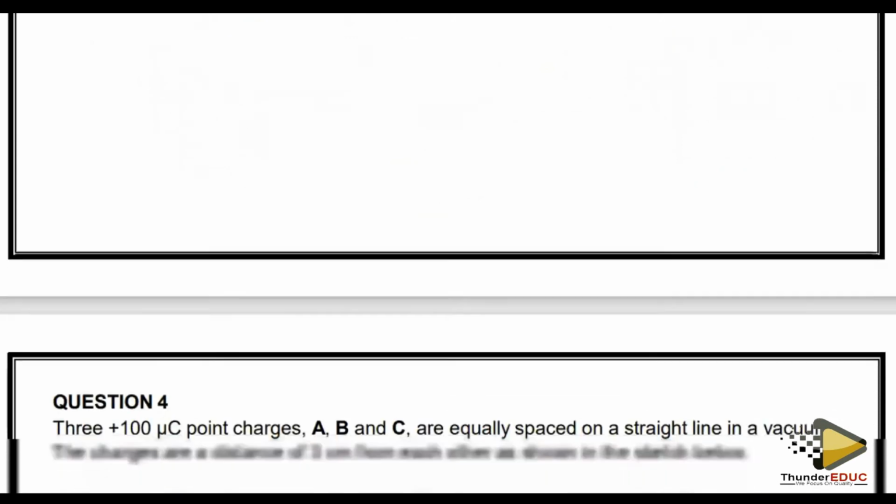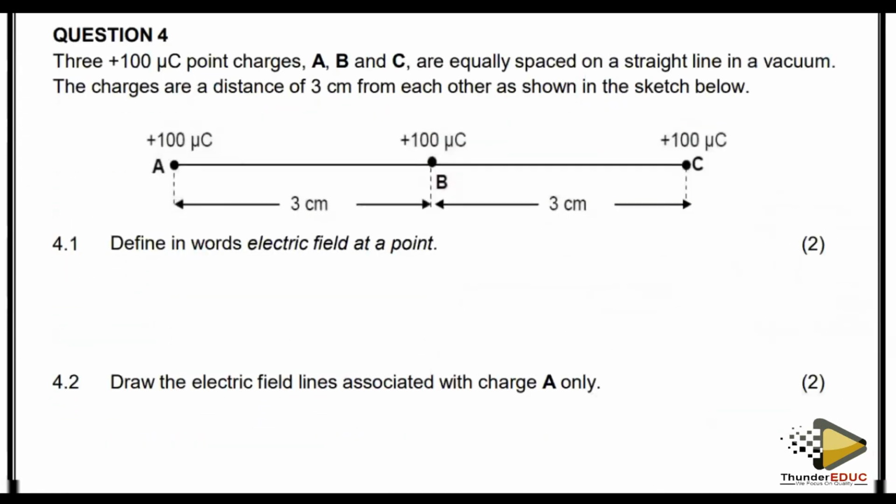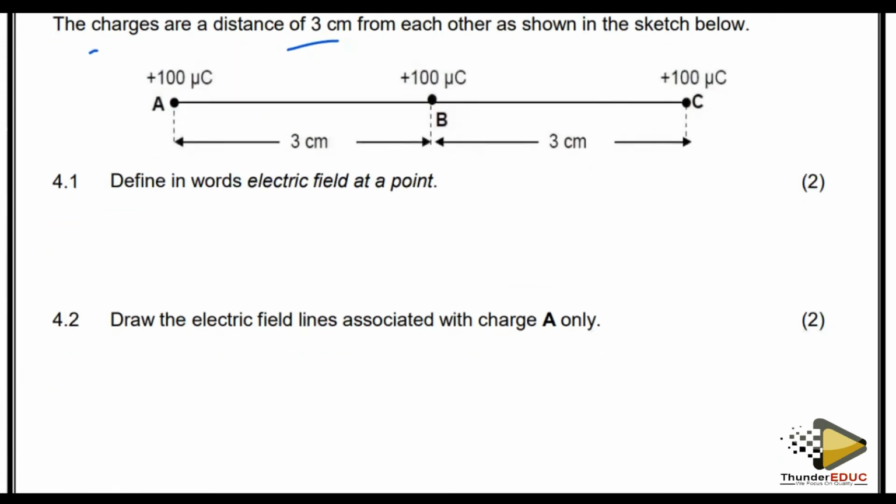Okay, then question number 4. They are telling us that 100 microcoulomb charges A, B, C are placed on a straight line in a vacuum. Distances are 3 centimeters and so on. Define electric field at a point. We said it's the region... is this a region of space?